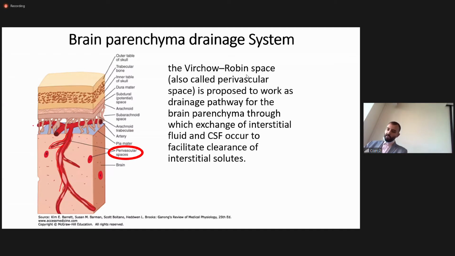So the space between the pia mater and the blood artery is called the perivascular space, which is also called the Virchow-Robin space. And some suggest that the exchange between the interstitial fluid and CSF occurs at this space, okay? Still, this is an active area of research, and there are multiple hypotheses about how the exchange happens, okay?